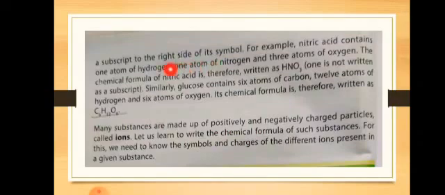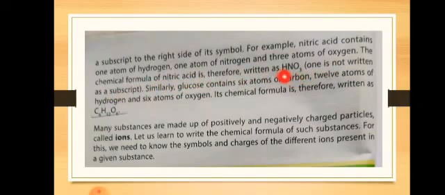Now, a subscript is written to the right side of its symbol. For example, nitric acid contains one atom of hydrogen, one atom of nitrogen and three atoms of oxygen. So, the chemical formula of nitric acid is written as HNO3.